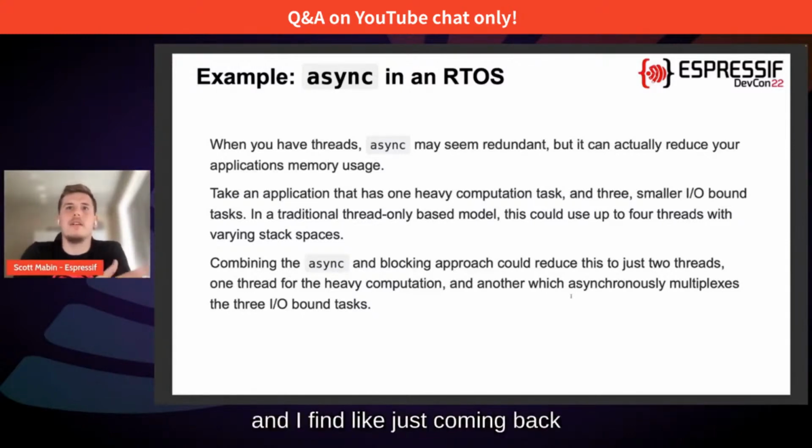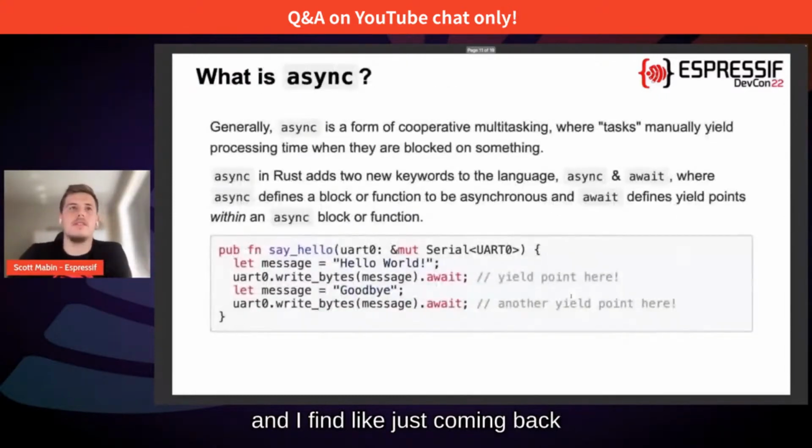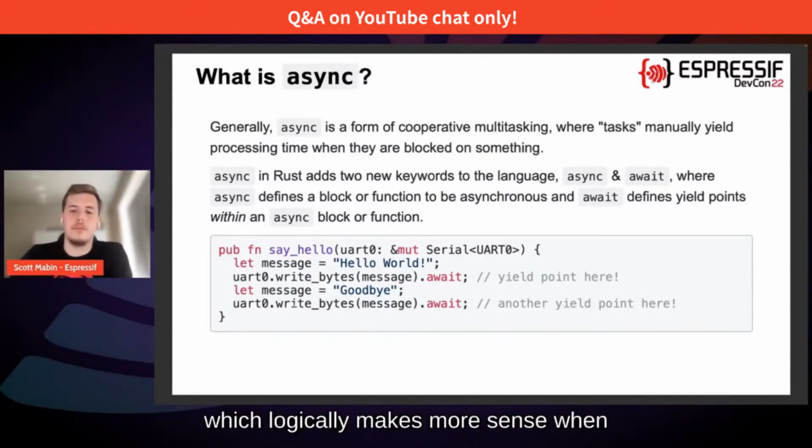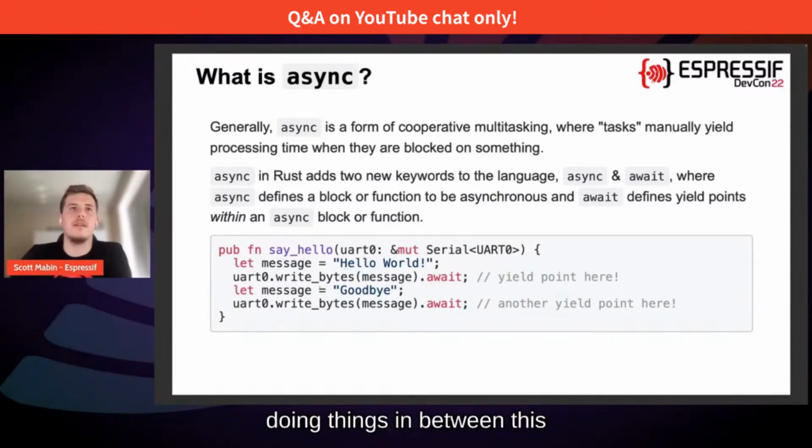And coming back to this example, the execution flows in this order, which logically makes more sense when reviewing code. Even though it may be doing things in between, there's no chance that write bytes goodbye could come before hello world.